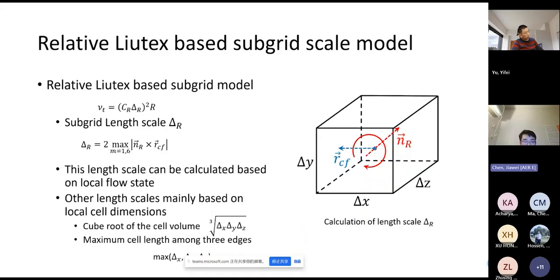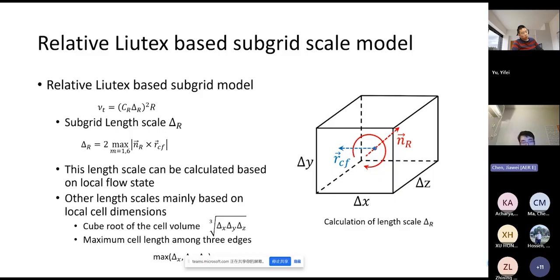Let me explain our subgrid length scale in more detail. We calculate it based on the local flow state using this formula, where delta equals 2 times the maximum of the cross product between the unit vector of Liutex and the vector formed by the cell center and the face center. This figure shows the geometry. We are essentially finding the maximum characteristic length that represents the vortical structure within the cell.